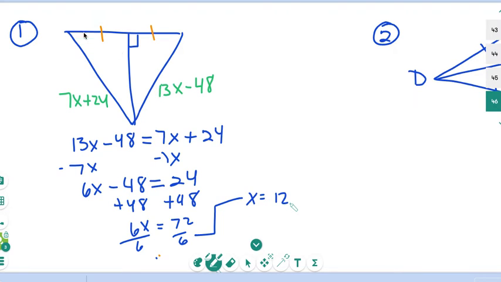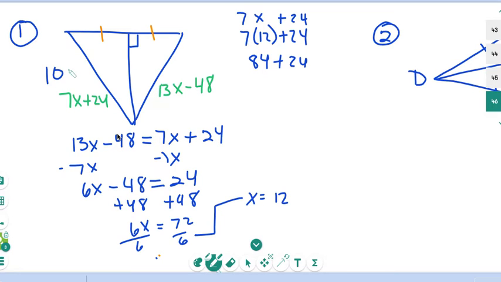So if I want to know how long this side is, I'm going to do 7 times 12 plus 24. So I took the side and substituted in our 12. 12 times 7 is going to give us 84 plus 24 is going to make this side 108.